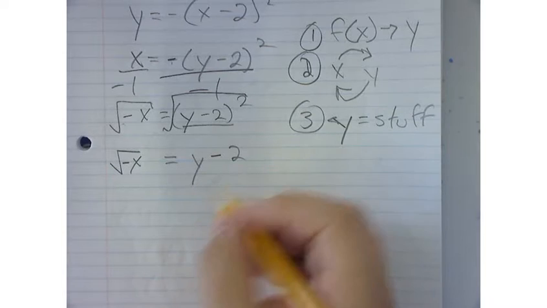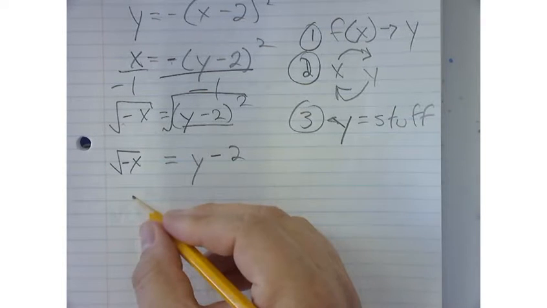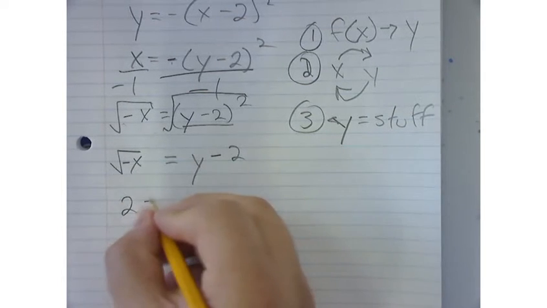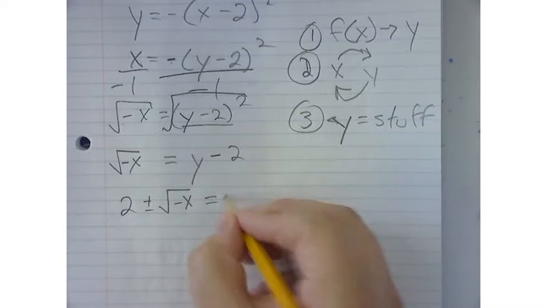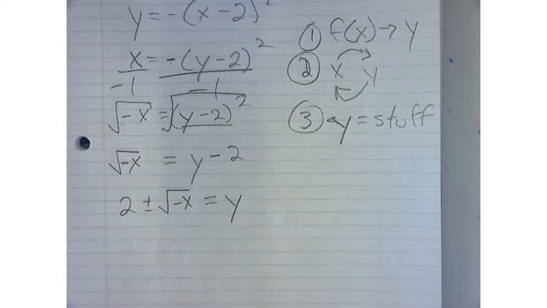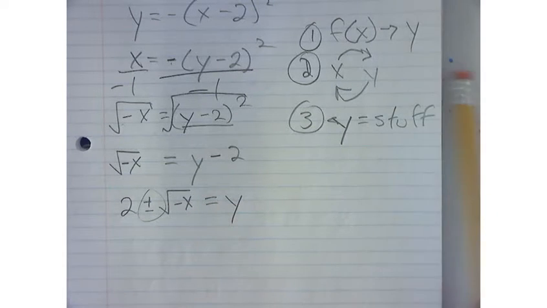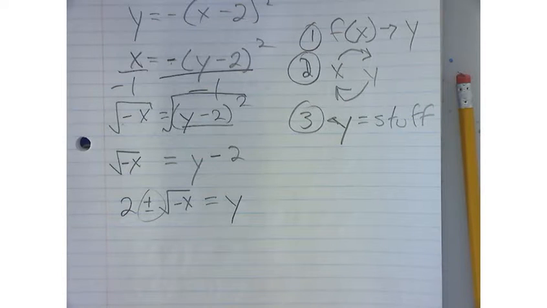So now I'm going to add 2 to both sides. So I get 2 plus or minus the square root of negative x is equal to y. Now this plus or minus thing, we can choose the principal root or the negative root. And it really depends on the graph and the parameter that they set for us. Okay?